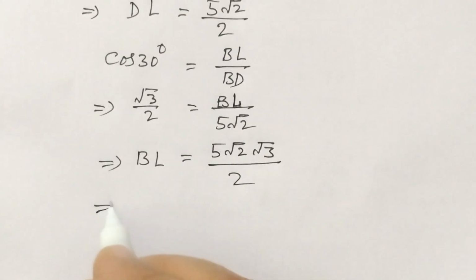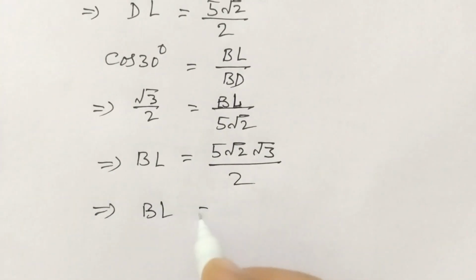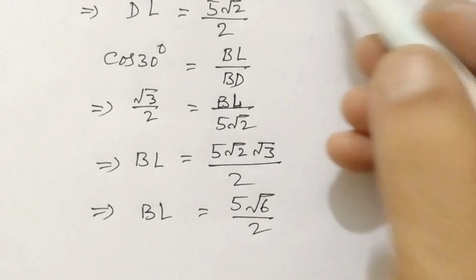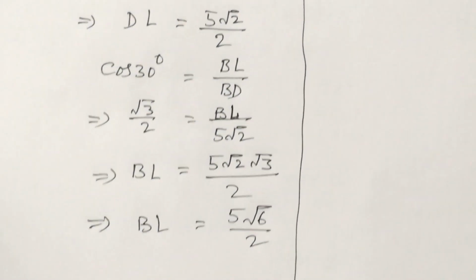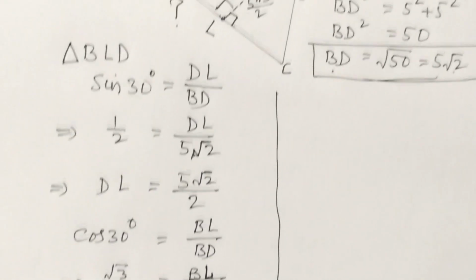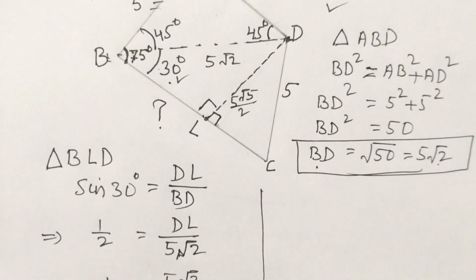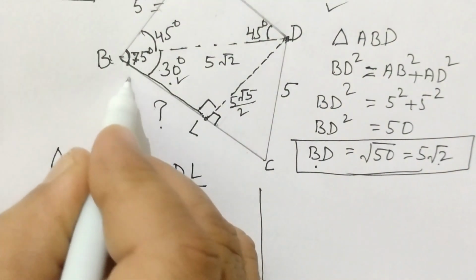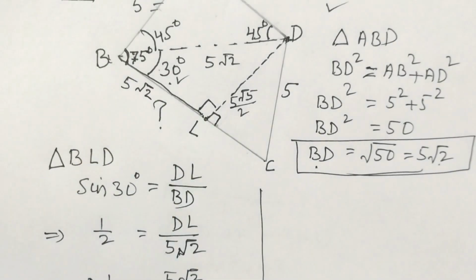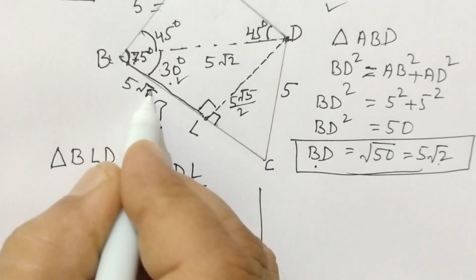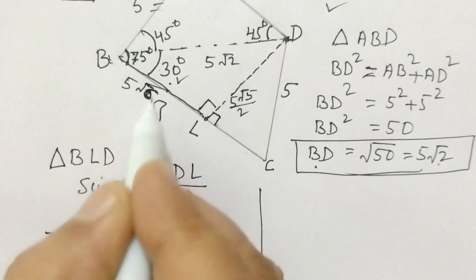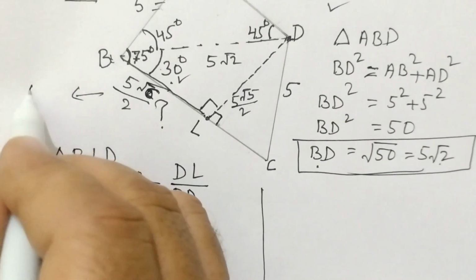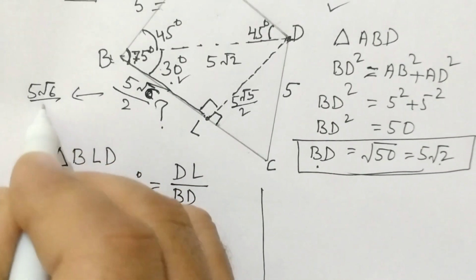So BL is equal to 5 square root of 6 over 2. Sorry, I am extremely sorry, it is square root of 6 over 2, 5 square root of 6 over 2.